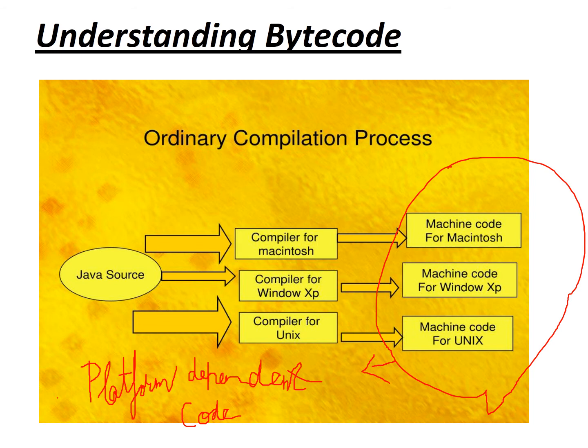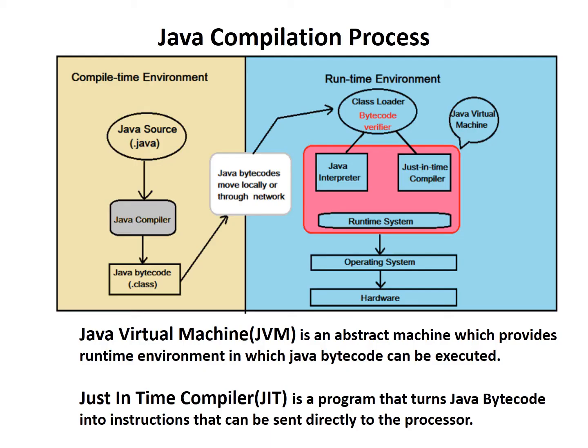But this is not the case in Java compilation process, which we'll be learning in the upcoming slide. As we have seen in the previous ordinary compilation process, the executable codes or the machine codes produced were developed for the specific platforms, means they were platform dependent.